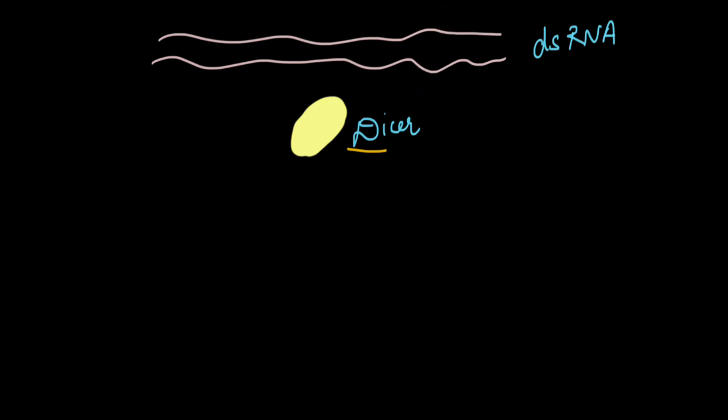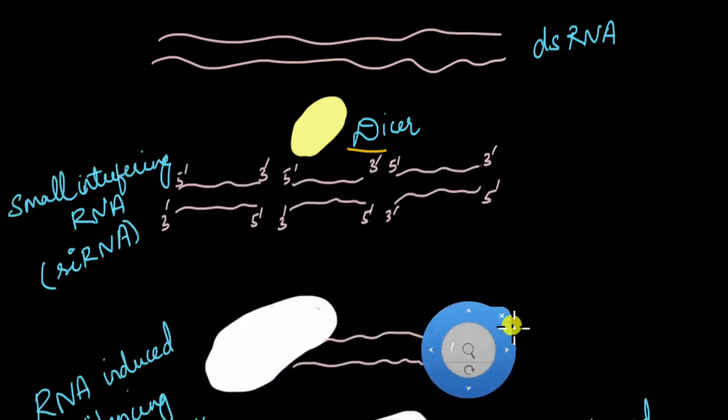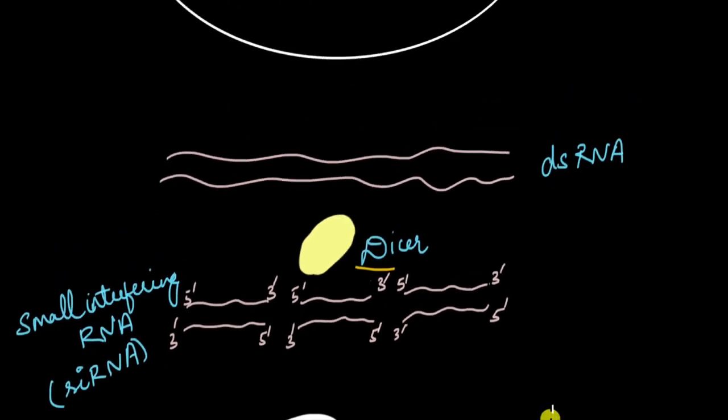That's very important for the formation of siRNA because the siRNA is nothing but these small chopped bits of double-stranded RNA. So once Dicer comes in contact with this double-stranded RNA, it's going to chop this long strand of RNA into smaller bits, which are known as small interfering RNAs.